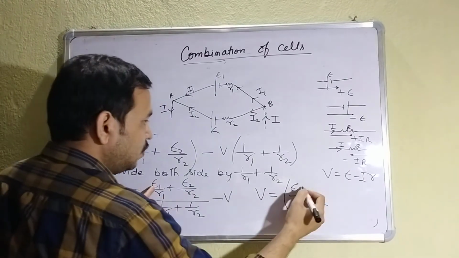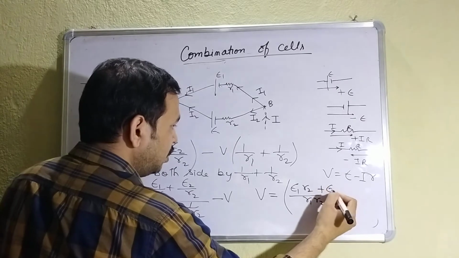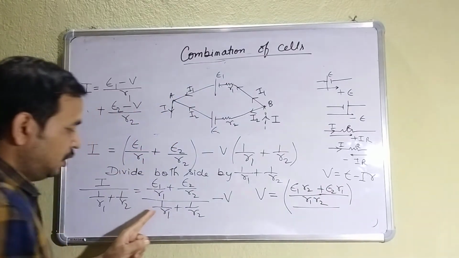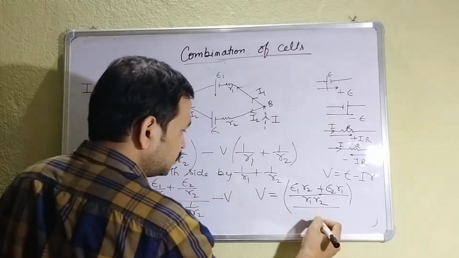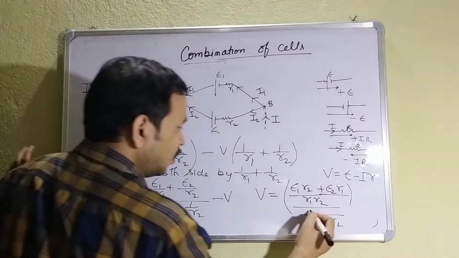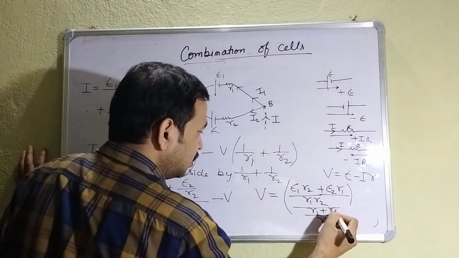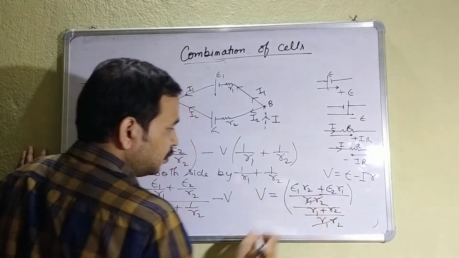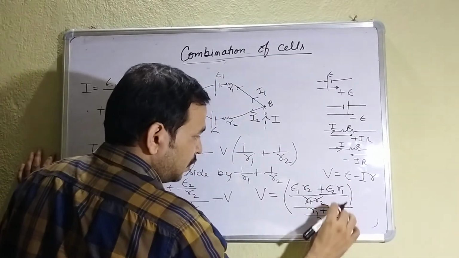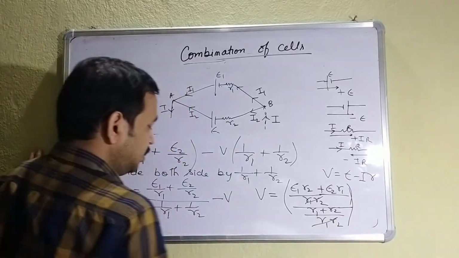Here it is E1 R2 plus E2 R1. Now in the denominator, again LCM R1 R2. And here R2 plus R1, or you can write R1 plus R2. The denominator is the same, so you can cancel it out. The denominator of both the fractions is the same. That's why I have cancelled.